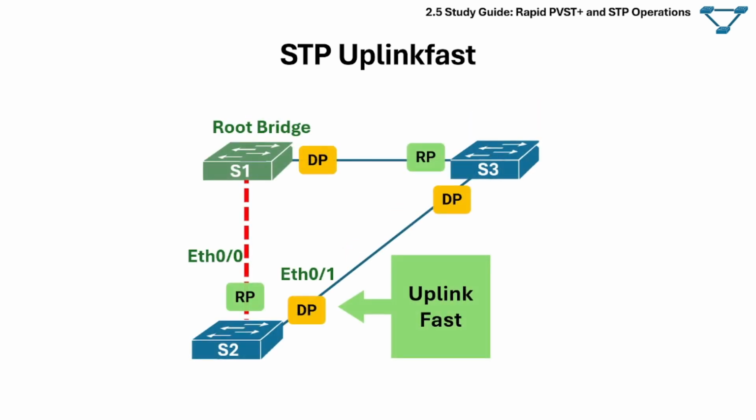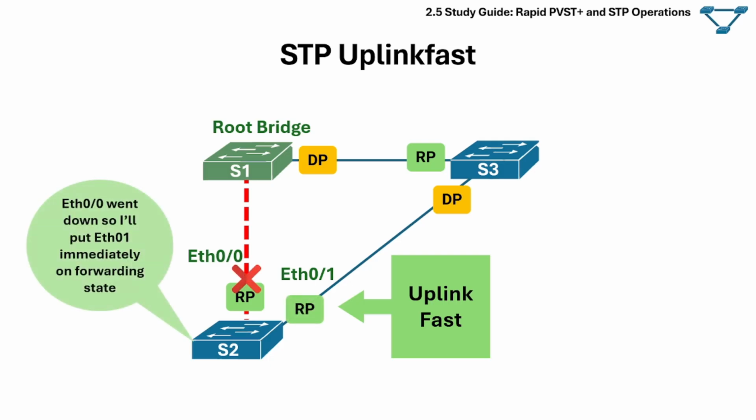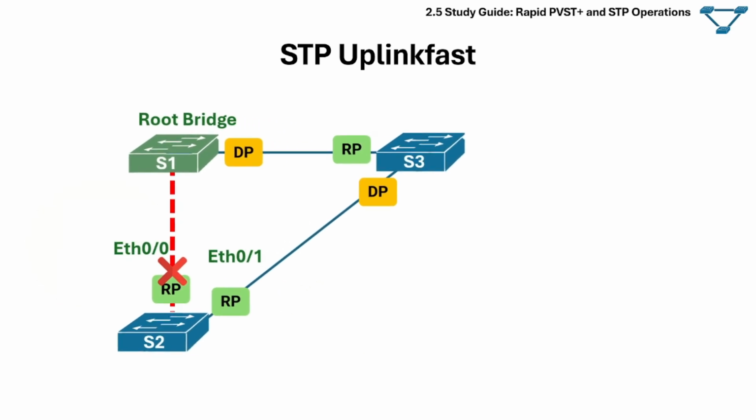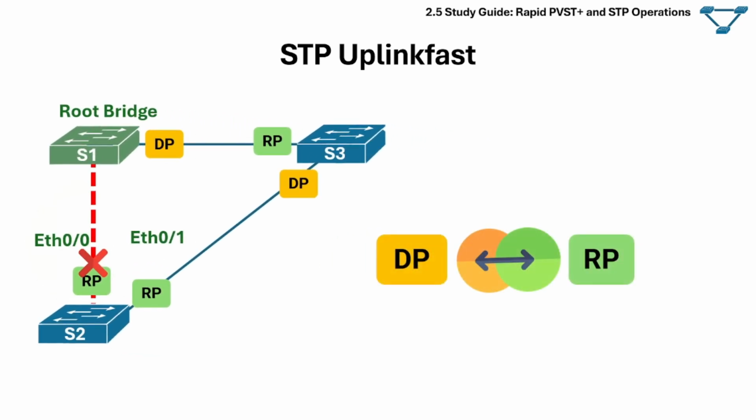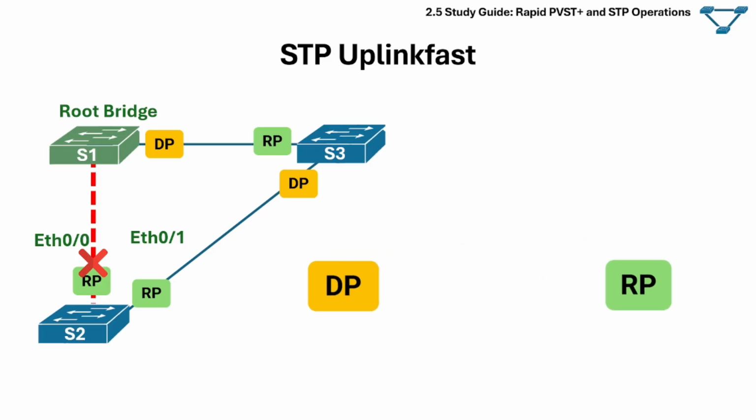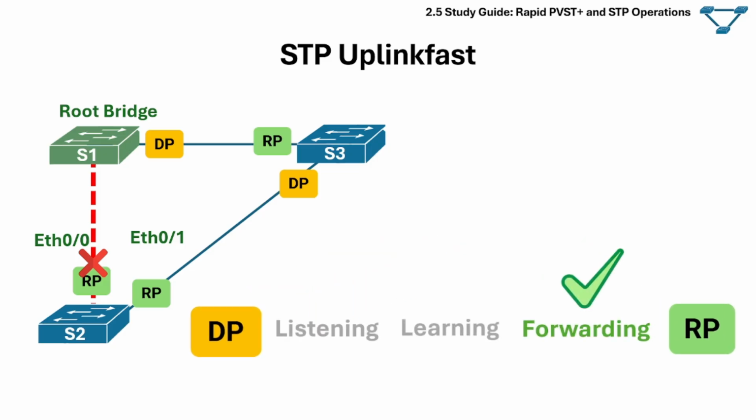STP UplinkFast is a Cisco proprietary feature designed to accelerate spanning tree protocol convergence after a direct link failure on a switch's uplink to the root bridge. It allows a non-designated port to immediately transition to the forwarding state, bypassing the listening and learning states when the root port fails.